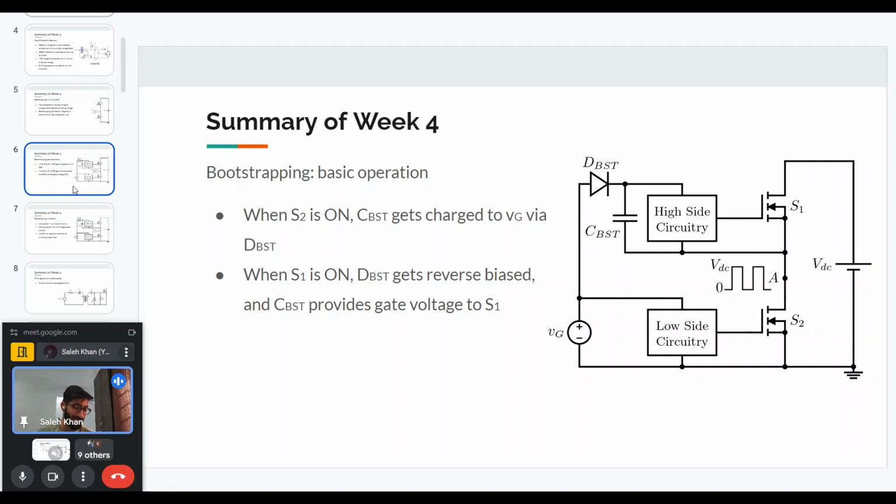They are also available as ICs, and usually in that case the high side circuitry and low side circuitry are in one IC, but the capacitor and the diode are external components that you have to choose depending on the rating of your converter, your switching frequency, and all these things. So there are different options available.